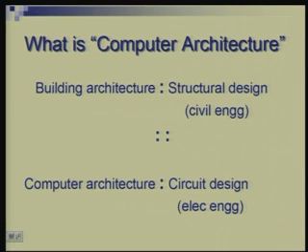So, the relationship you see between what an architect does for a building and what a civil engineer does for building is somewhat similar to what a computer architect does for a computer and what a logic designer or a circuit designer does.